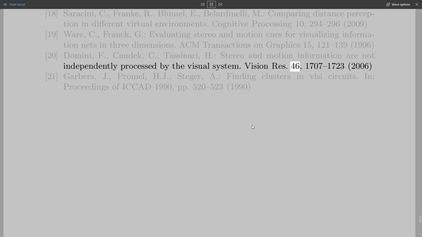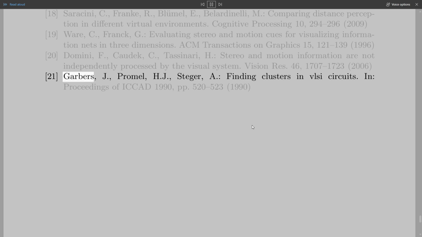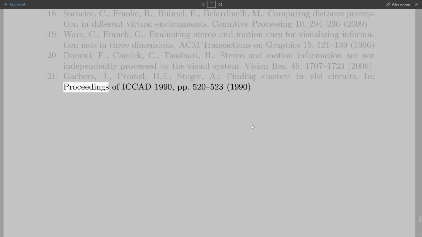Vision Res 46, 1707 to 1723, 2006. 21. Garbers, J., Prömel, H.J., Steger, A. Finding Clusters in VLSI Circuits. In Proceedings of ICCAD 1990, pages 520 to 523, 1990.